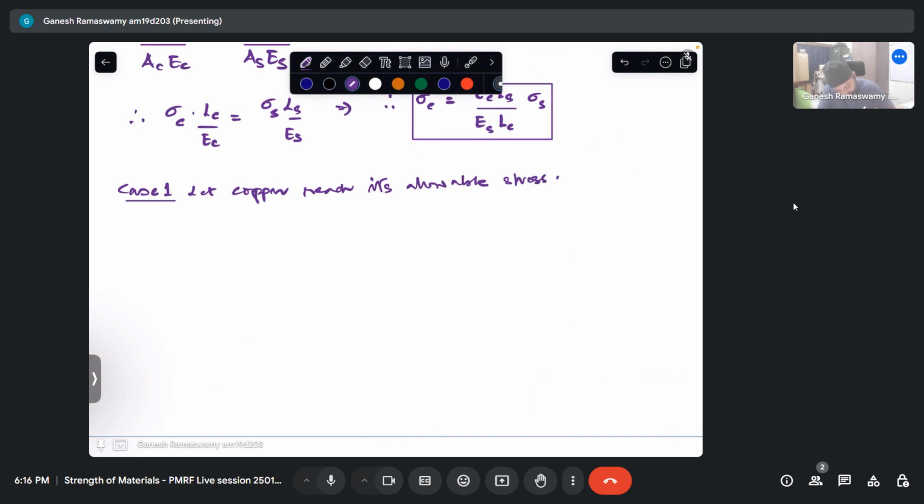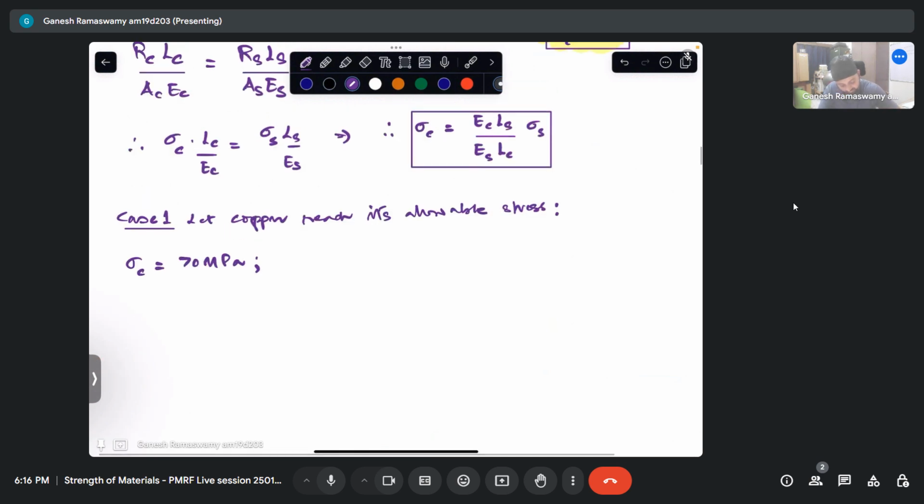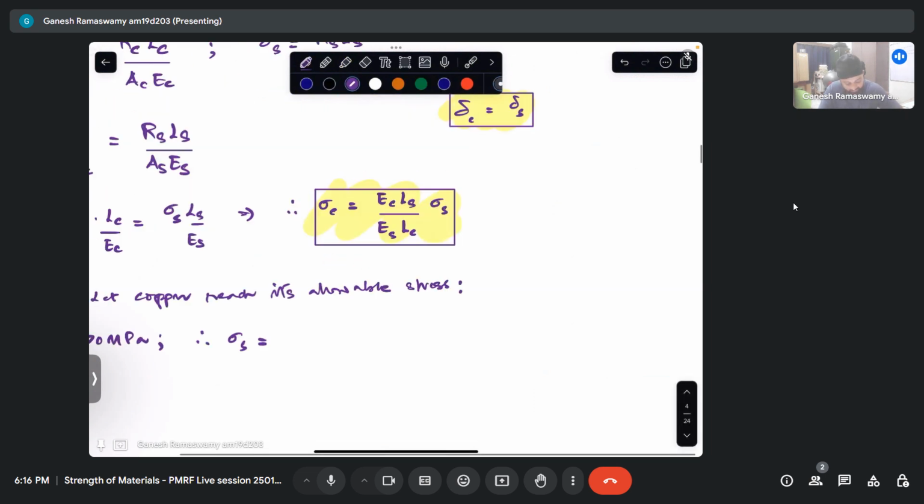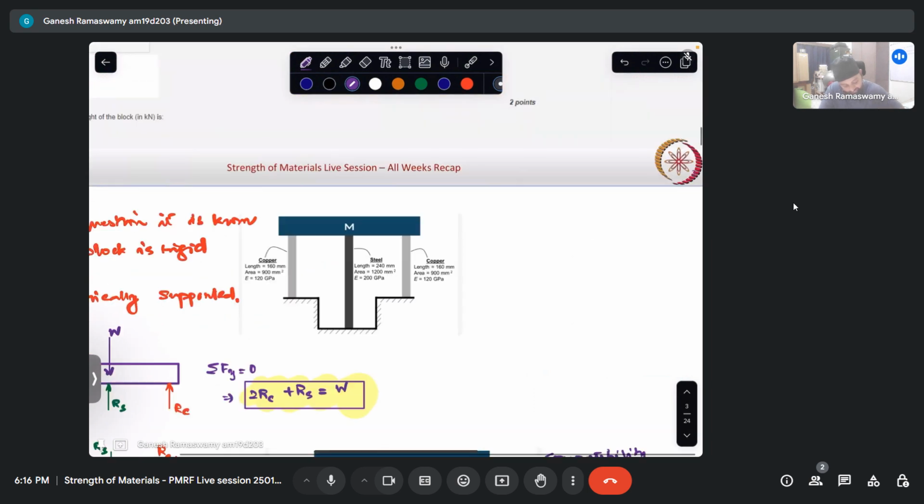In that case, sigma C will be 70 MPa, and we have this equation to find out what sigma S will be. So I have to write these quantities. Let me bring them from here.